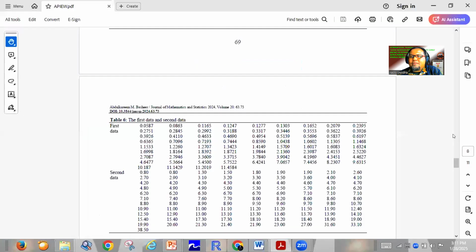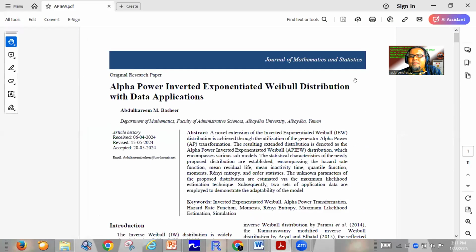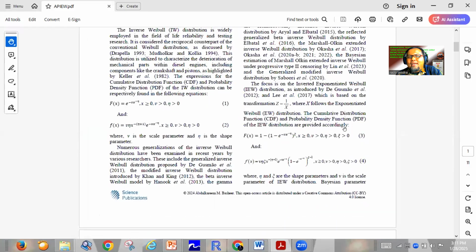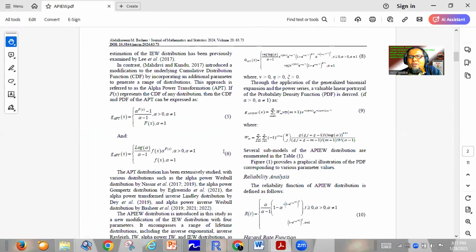The research article is titled Alpha Power Inverted Exponentiated Weibull Distribution with Data Application, published in the Journal of Mathematics and Statistics in 2024. In equation 6, we can find the concept of the alpha power transformation.